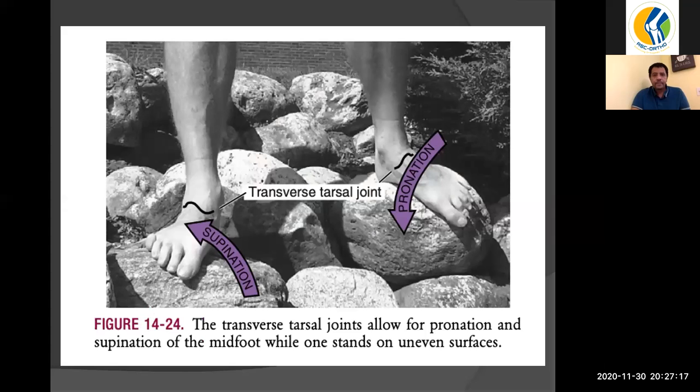Here, this explains all this combination together. You can see this man is standing comfortably on uneven surfaces. You can see this foot is almost neutral at the level of the ankle joint, but at the level of the midfoot there is a mild supination.